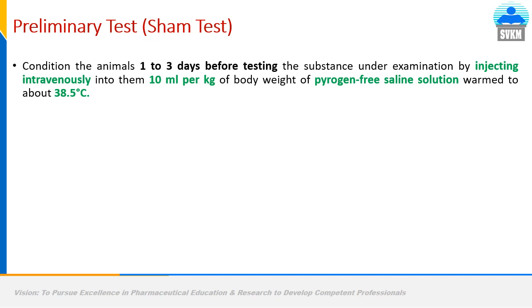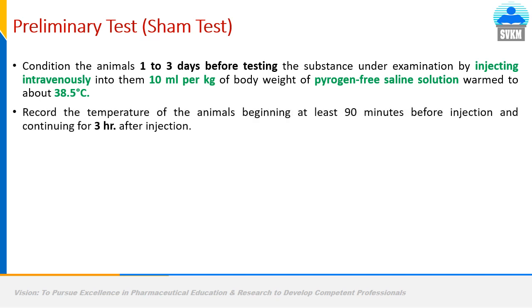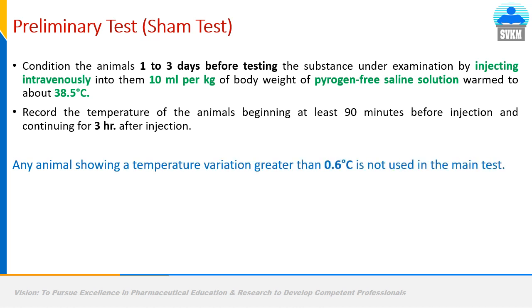In this, we inject the animals intravenously with pyrogen-free saline solution previously warmed to 38.5 degrees Celsius at a dose of 10 ml per kg body weight, and then we record the temperature of the animals starting at least 90 minutes before the injection, and continue the temperature recording for about 3 hours after injection. In this test, if animals show a temperature variation greater than 0.6 degrees Celsius, then we can't use these animals for the main test.